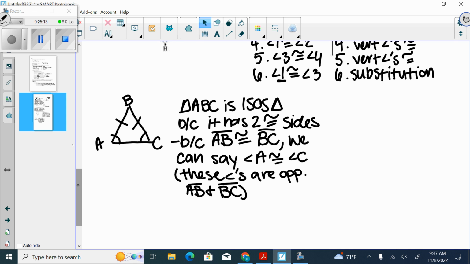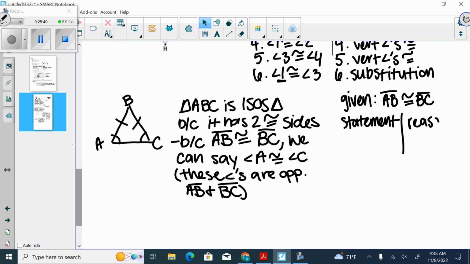Okay. So, in a proof, you could take this information in two different ways. So, maybe in a proof, you are given that AB is congruent to BC. So that's kind of like what we just had in the proof we looked at, right? In this case, in that statement column and reason column, you could write first, you're given, right, that AB is congruent to BC because given.